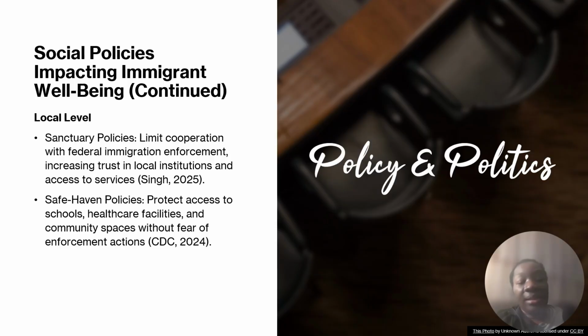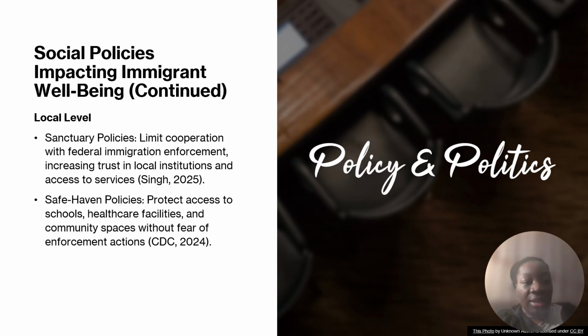Social policies continue. So let's look at the local level of policies. Here in Wisconsin, there is a sanctuary policy which limits cooperation with federal immigration enforcement, increasing trust in local institutions and access to services. One of the things that I noticed during this research is that a lot of immigrants have a mistrust of law enforcement and political figures.